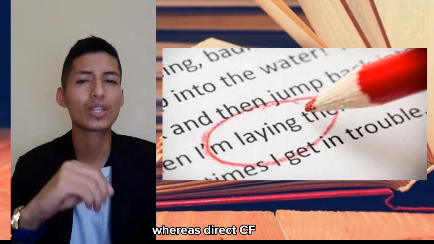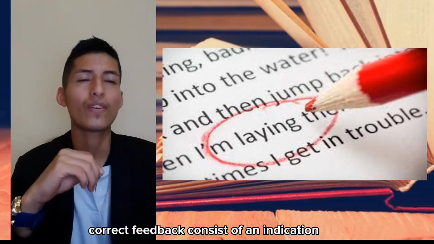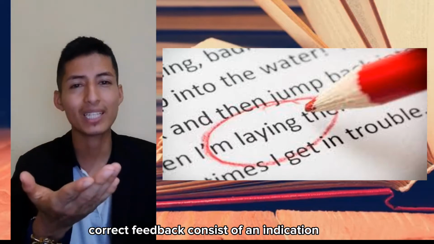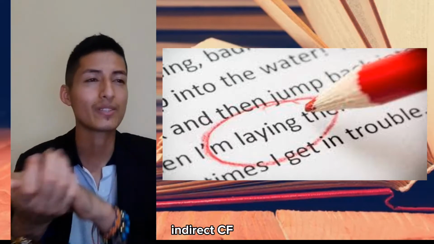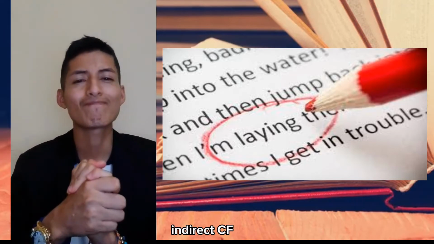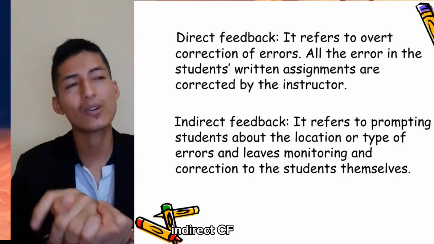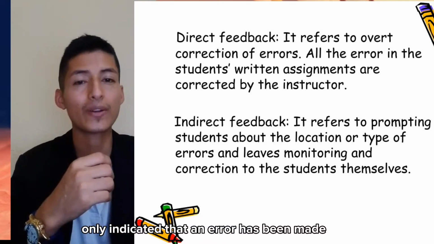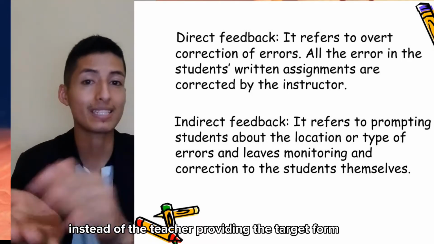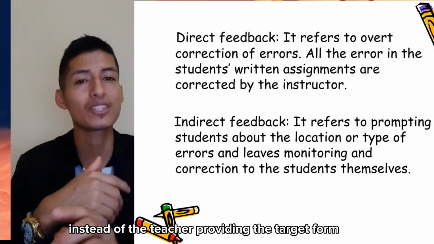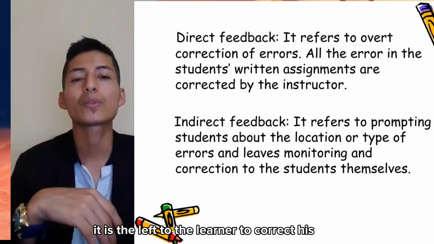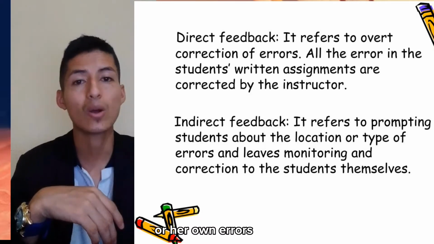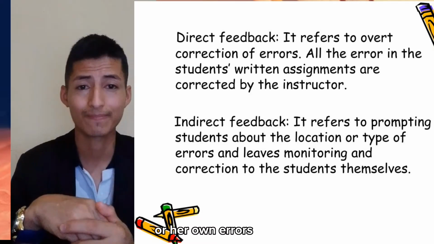Direct corrective feedback consists of an indication of the error and the corresponding correct linguistic form, and indirect corrective feedback only indicates that an error has been made, instead of the teacher providing the target word. It is left to the learner to correct his or her own errors.